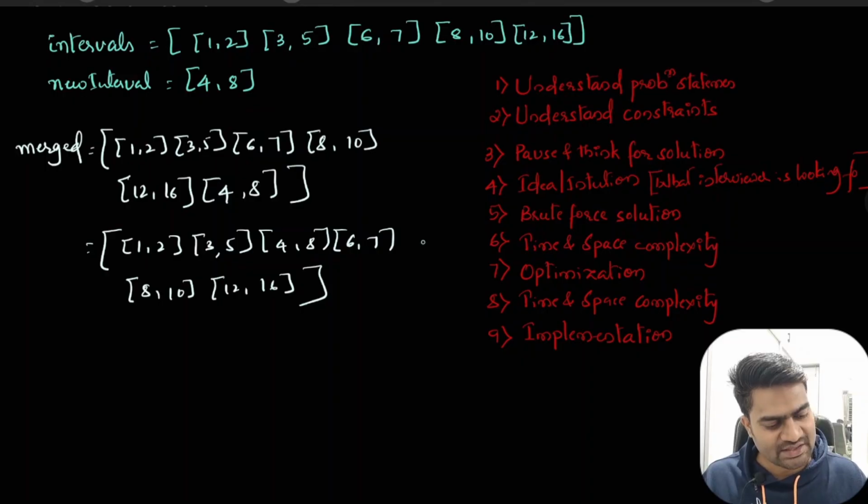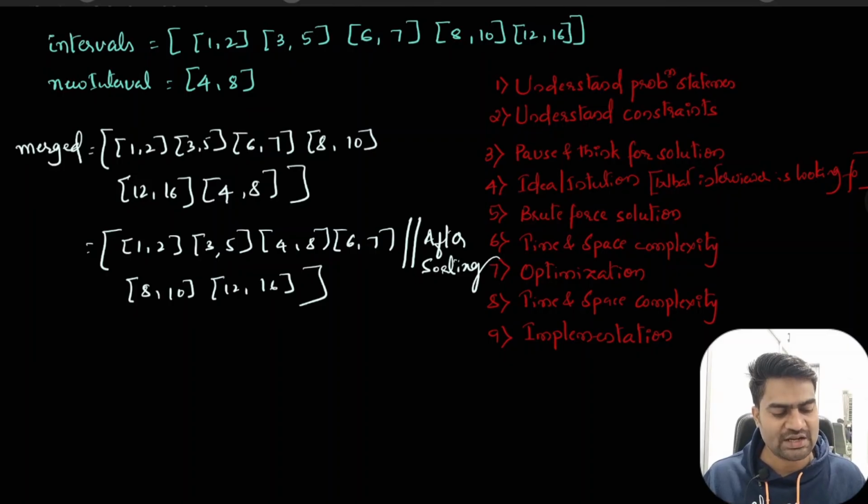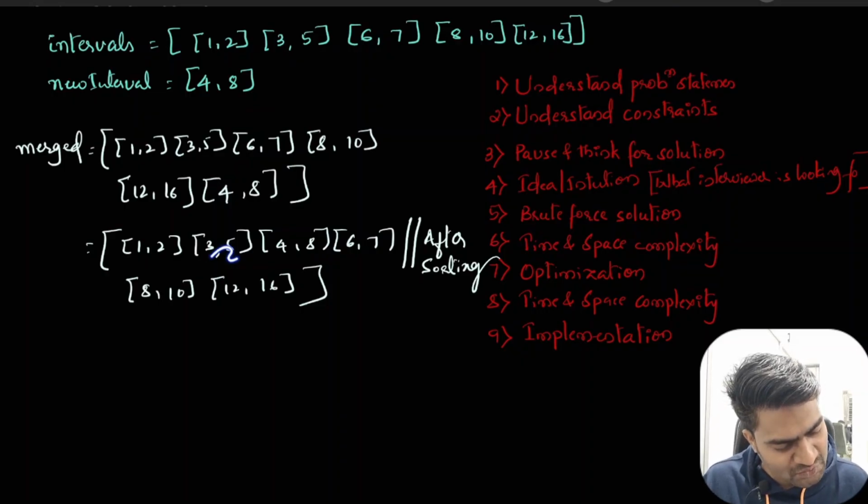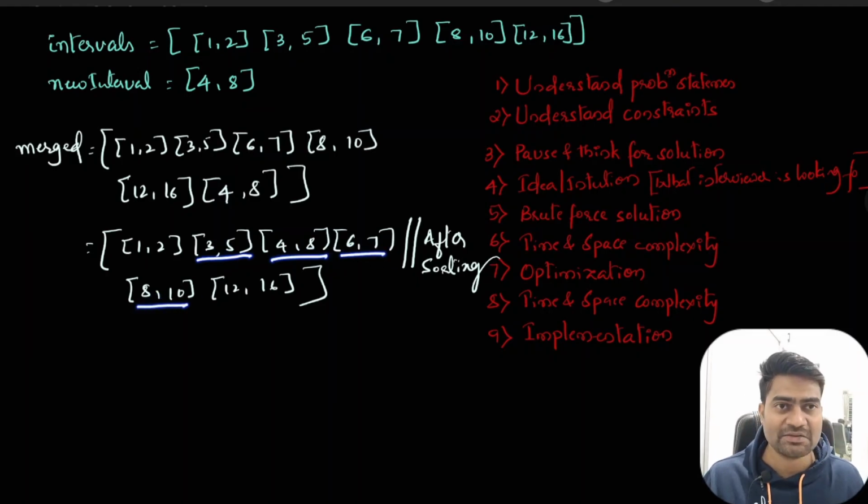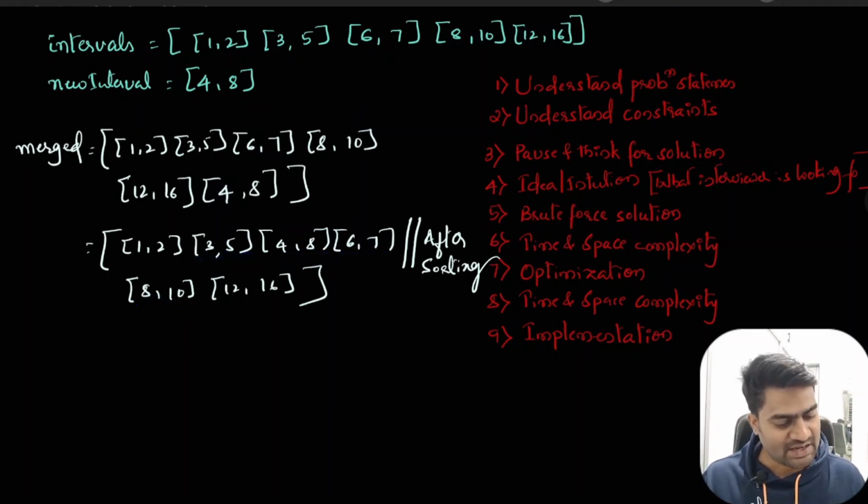So this is after sorting. Okay, now once we sort, then we can simply use the merging technique that we used in the merge intervals problem. So now we know this value, this value, this value, this value merges, right? Because they overlap with one another. So I will simply merge them and I will return the answer.